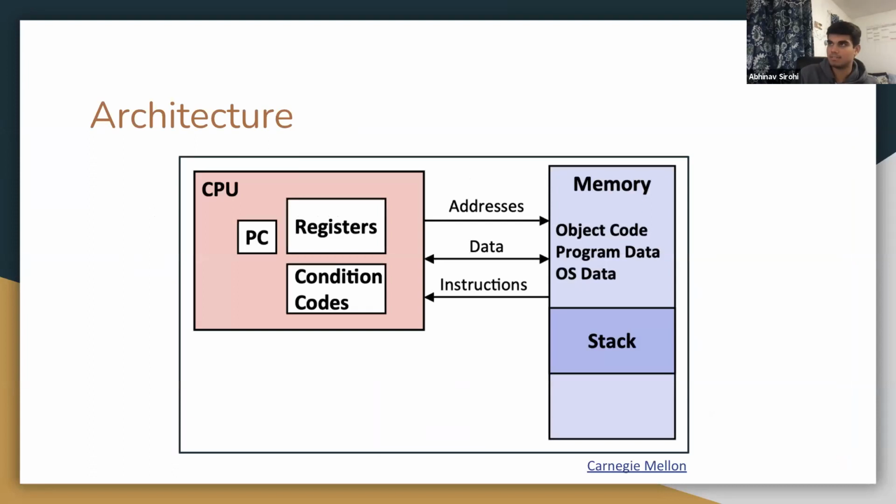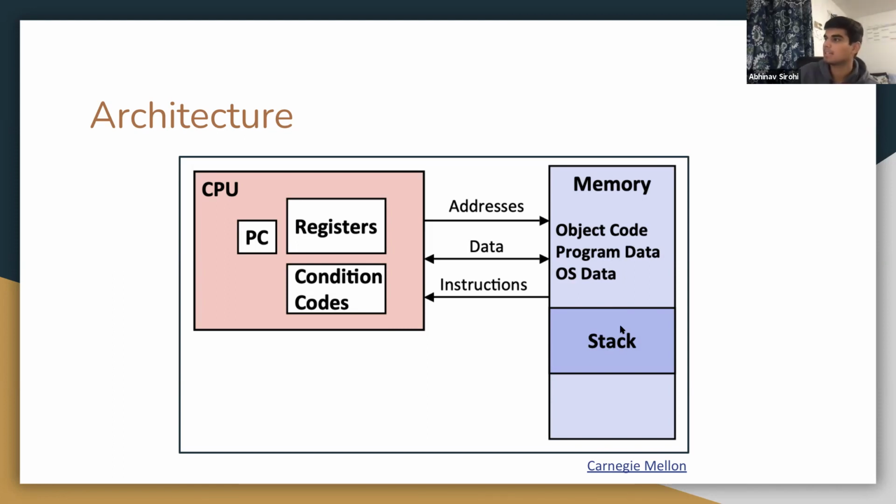Then I wanted to talk a little bit about the architecture that assembly deals with. These things are important for you to know when you get started with assembly. At the highest level, we have the memory and the CPU, and they each have their own components. In the CPU we have the program counter, the registers, and the condition codes, and in memory you have all this data, the stack and the heap.